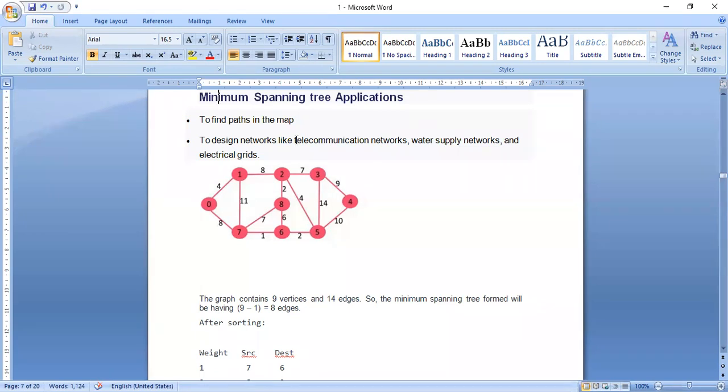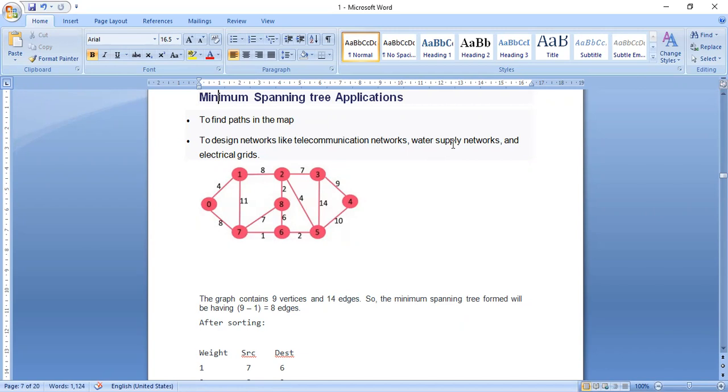So what I will first see is, with minimum distance, how can I cover all the cities in a given network, that is, in a given graph or a given country.